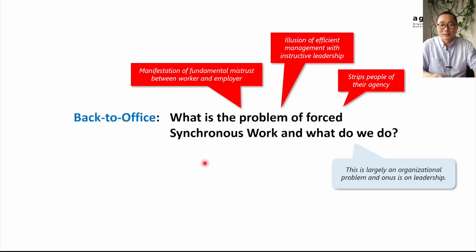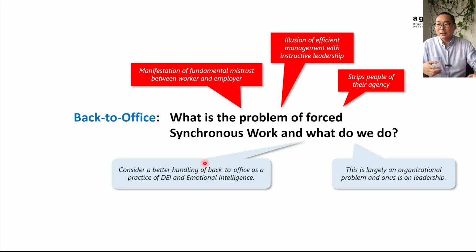Here's what I suggest. We live in the age of diversity, equity, and inclusion, right? Emotional intelligence, psychological safety. That's officially endorsed in one form or another as leadership values in most organizations, correct? If so, let's be true to those words.